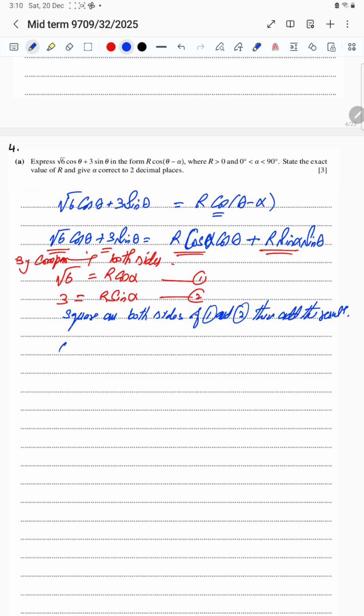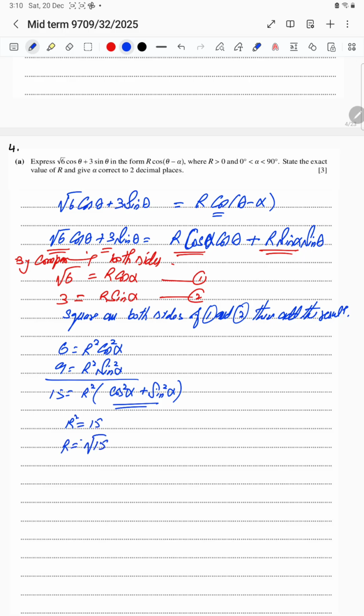Root 6 squared is 6, equal to r squared cos squared alpha, and 9 equals r squared sin squared alpha. When you take the squares, you must take it on either side. Now once you add, 15 is equal to r squared times cos squared alpha plus sin squared alpha, that is 1. So r squared is equal to 15, so r comes to be plus or minus square root 15.